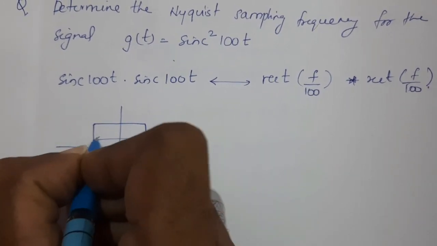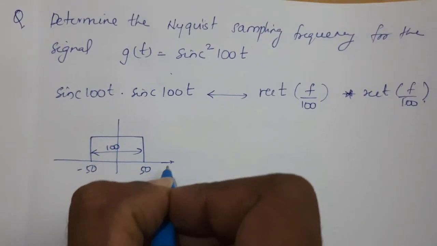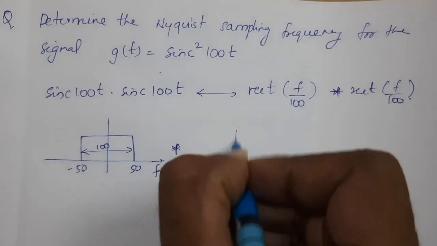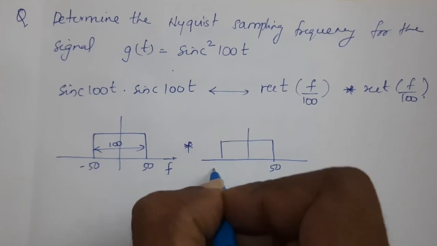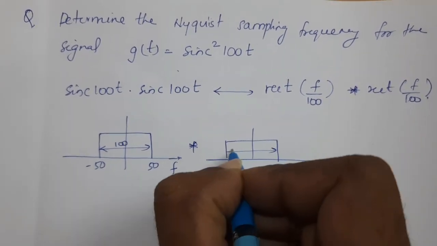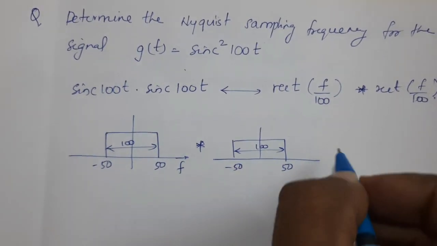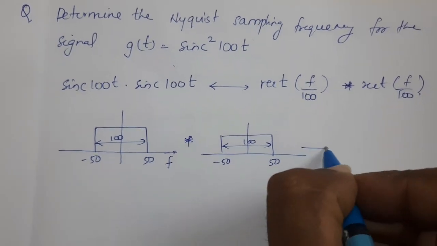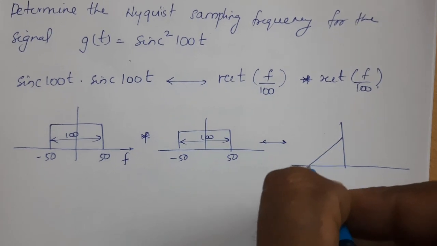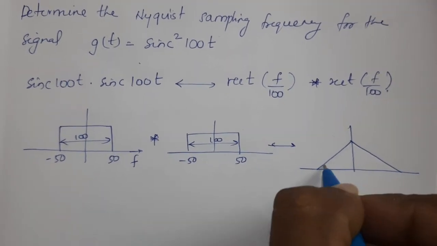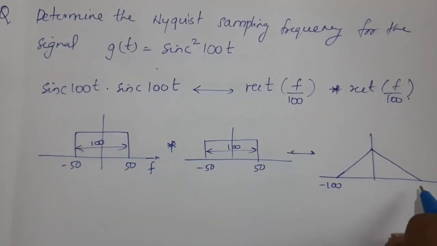So total width will be 100. So this is f, convolution, again 50 and minus 50, total width is 100. So if you convolve the rectangular functions, you will get a triangular function of double duration. So minus 100 to 100.